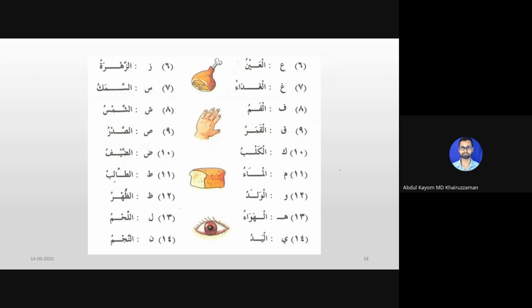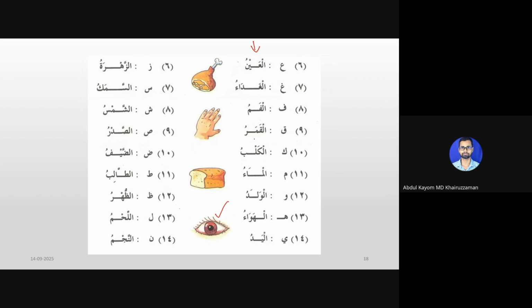Next we have ain. This column is huruf al-qamariyya. So ain, al-ainu. Al-ainu means, one of the meanings is eye. Ghain, al-ghada'u. Al-ghada'u means lunch. Fa, al-famu. Al-famu means mouth.